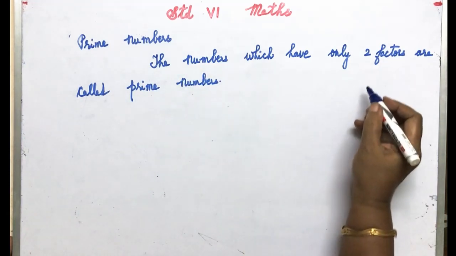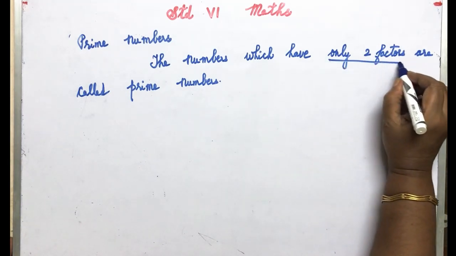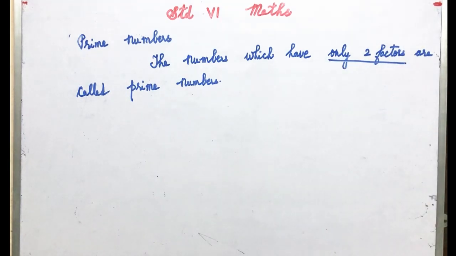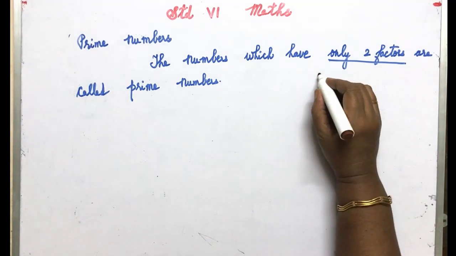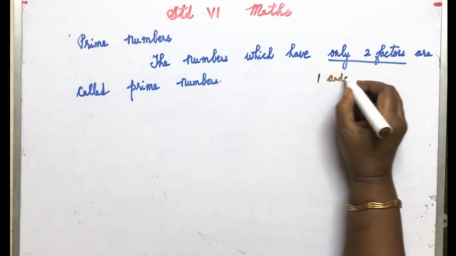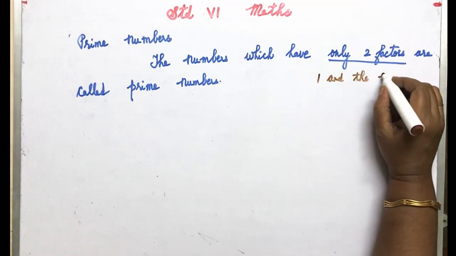So, the numbers which have only two factors. And which are the two factors? One factor will be 1 and another factor will be the number itself.